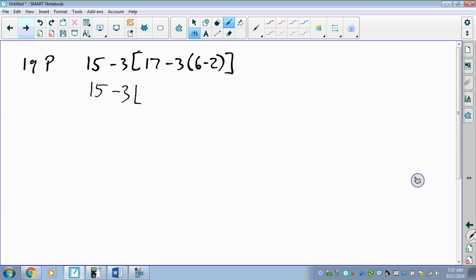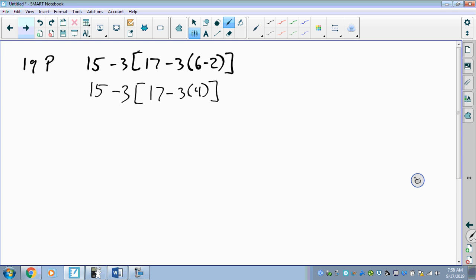If you want to, you can distribute this -3, but that's really up to you. Since it's just 6 minus 2, I'm leaving that as 4. I kept those parentheses just to let you know there's an operation of multiplication between that -3 and that 4. You could have distributed the 3, but you don't have to.